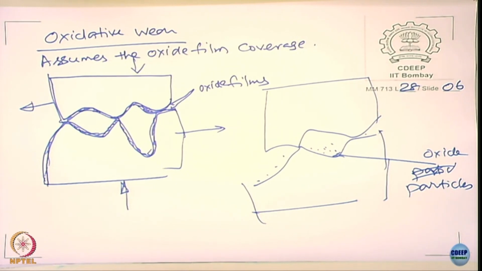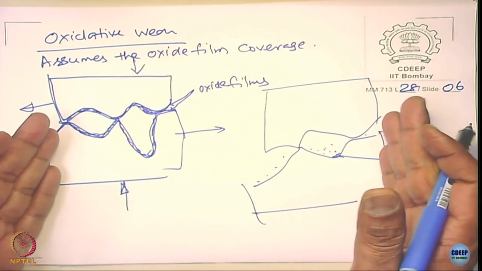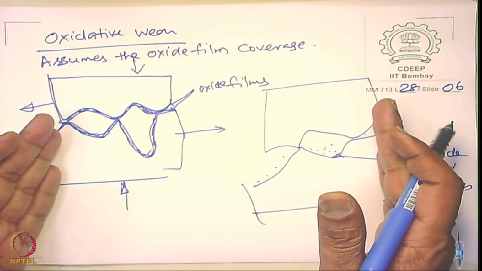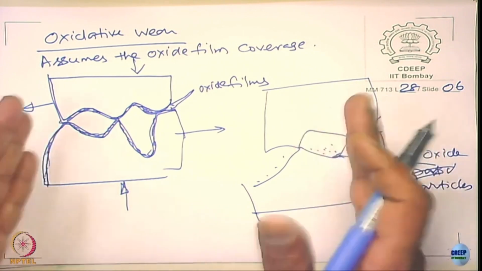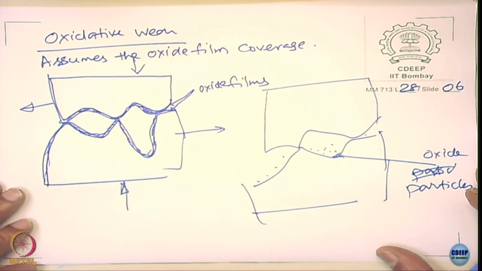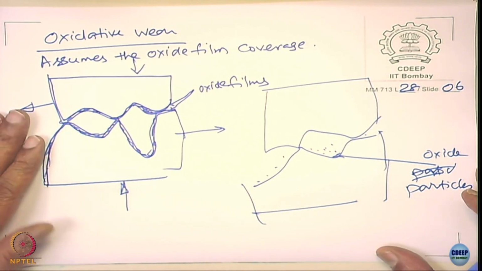If it is moving very far away, it is possible that many of these corrosion and oxide products are removed from the surface. Because the movement is very confined, these oxide particles remain in the interface and start accumulating damage with time. So that is something we should understand.